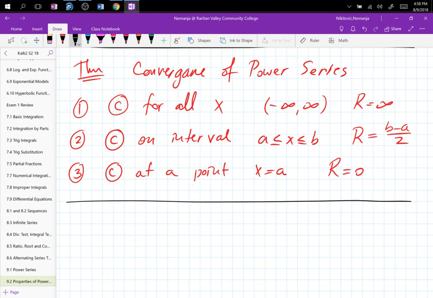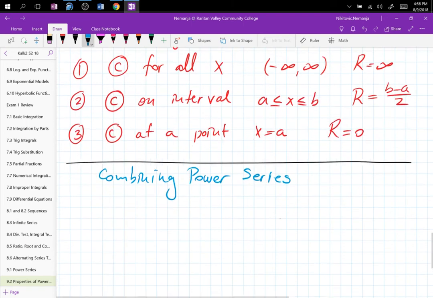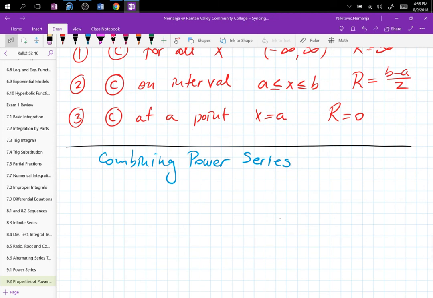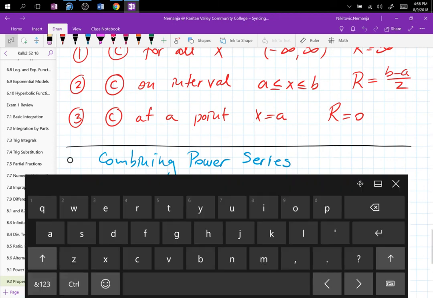Combining power series. So this is very important now. Sum and difference.